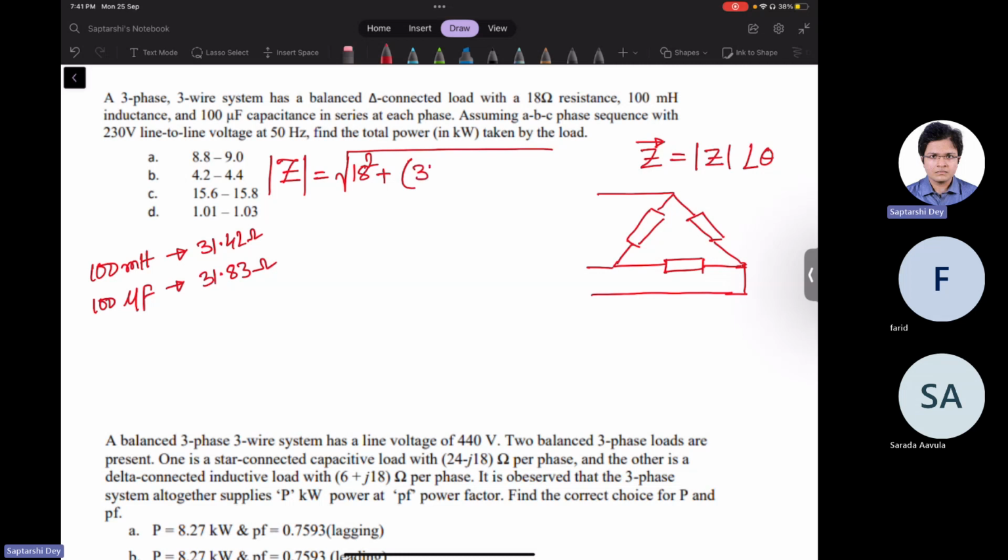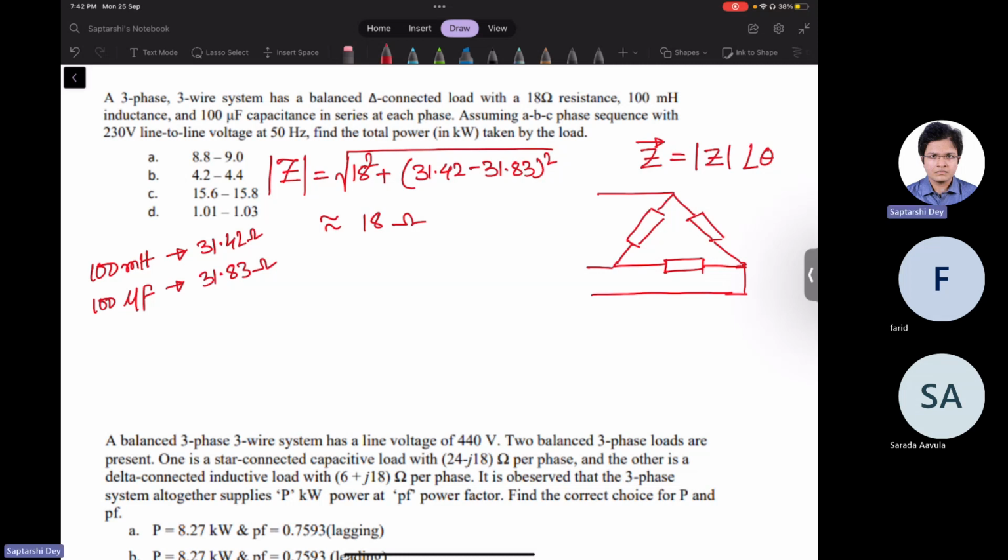It is 31.42 against 31.83, so it is a slightly capacitive load. The net reactance is very small, so Z comes very close to 18. I'm not doing this calculation any further. So you have roughly 18 ohm impedance in all the branches.